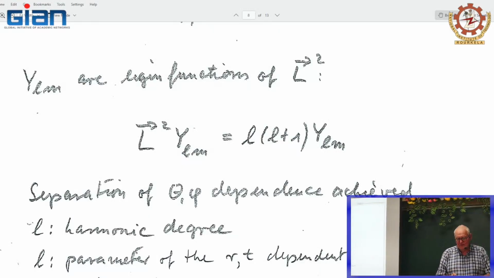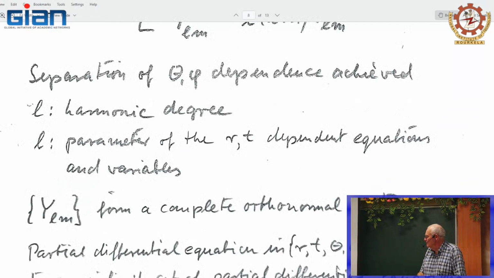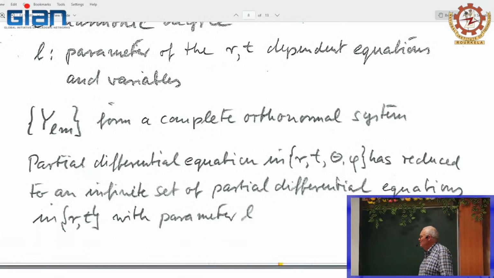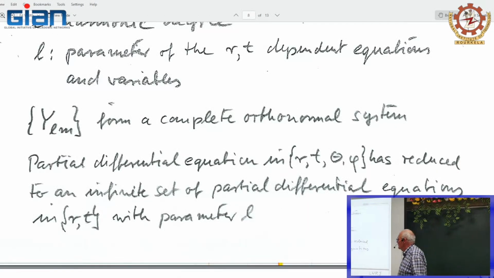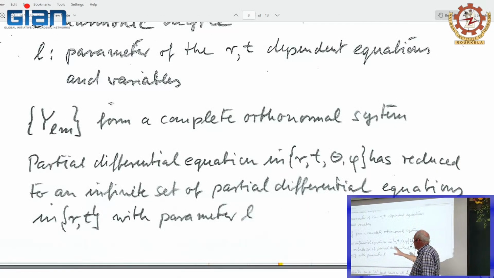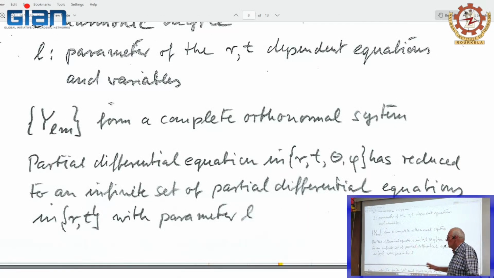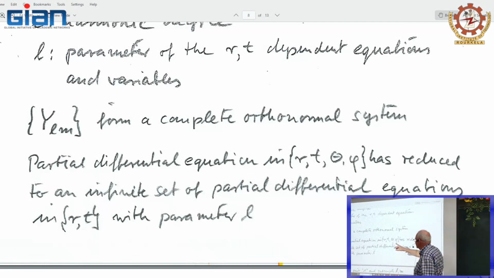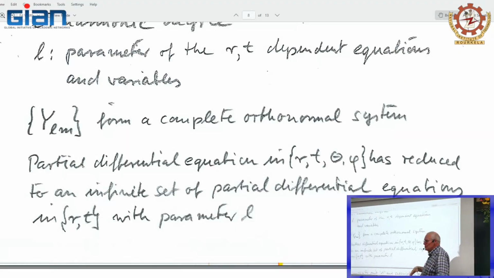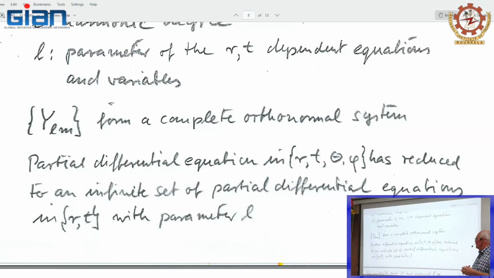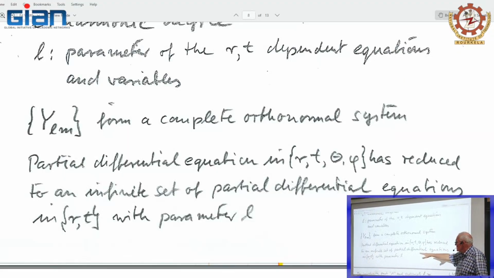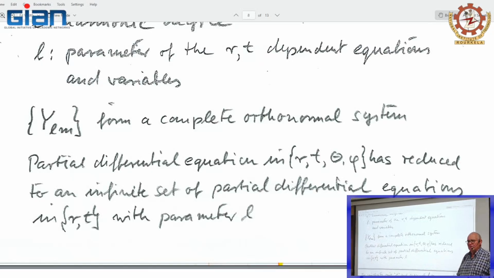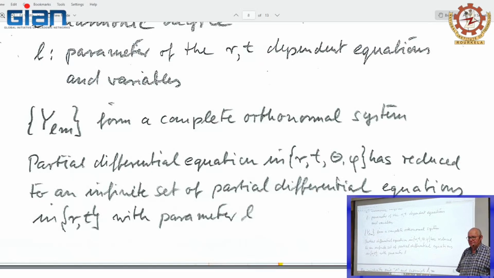Because the Y_lm form a complete orthonormal system, we have transformed the partial differential equation in r, t, theta, phi into an infinite set of partial differential equations in r and t with a parameter l.